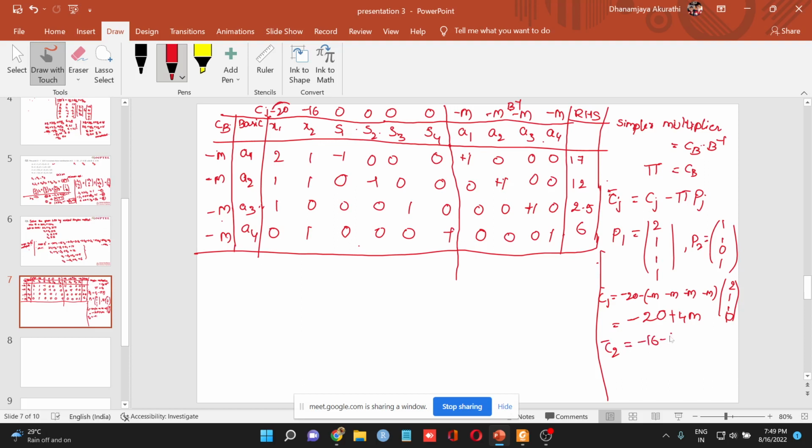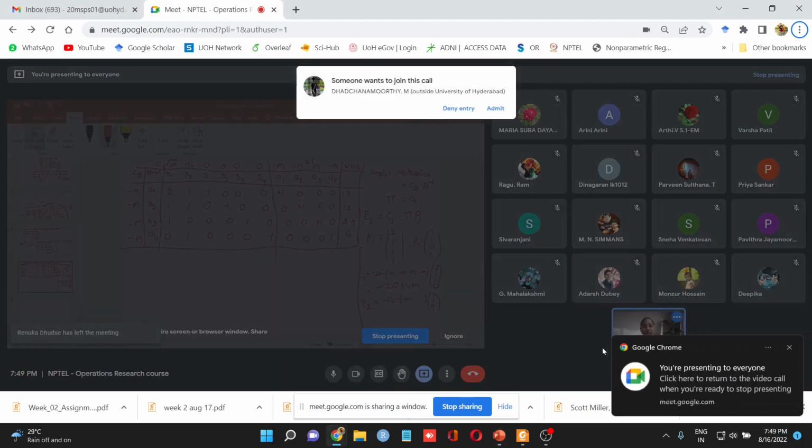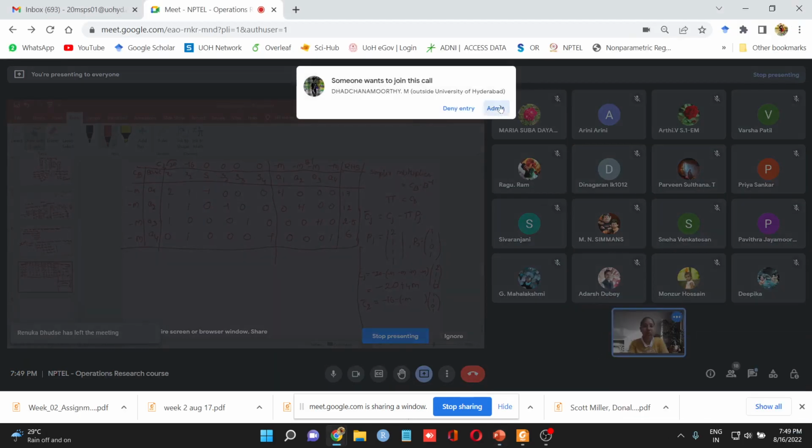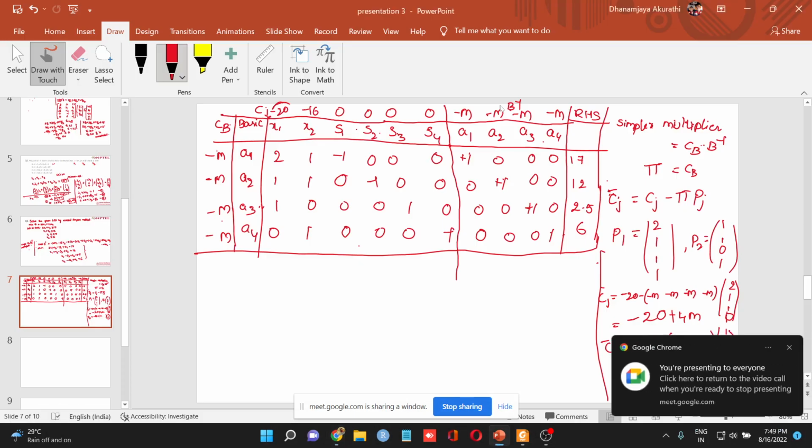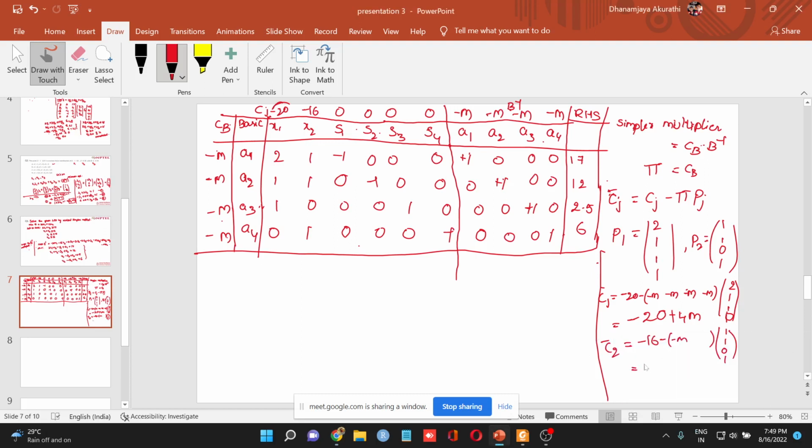C2 means minus 16 minus the same minus m, this CB, and here Pj only changes to the second column, and let me know. Ma'am, 3m minus 16, ma'am. 3m minus 16.